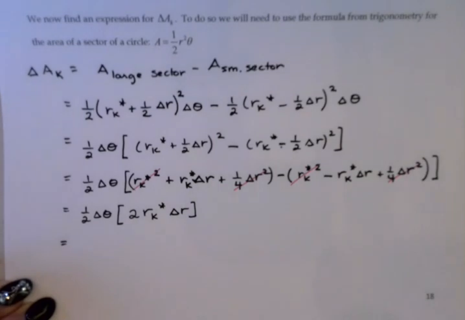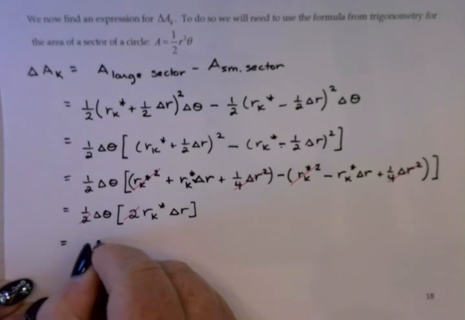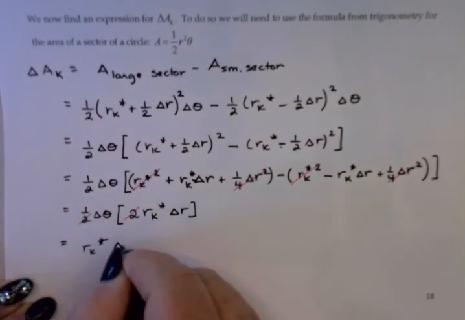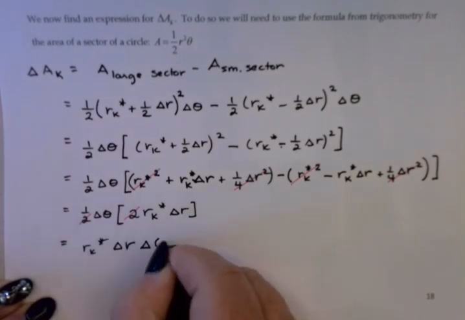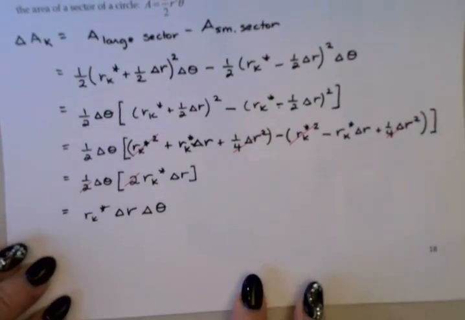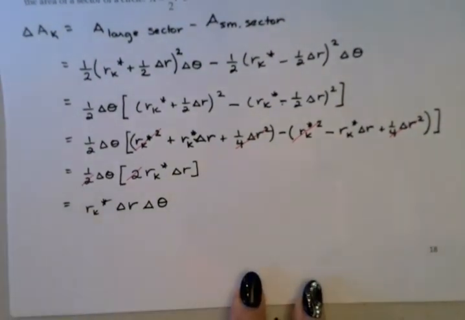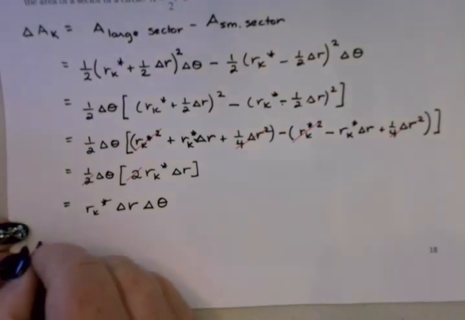And letting the 1/2 multiply with the 2, I end up with that r k star delta r delta theta. So that's the area, my delta A sub k.